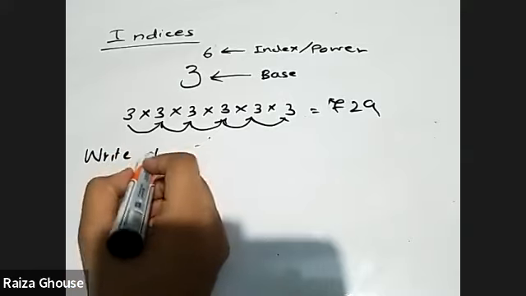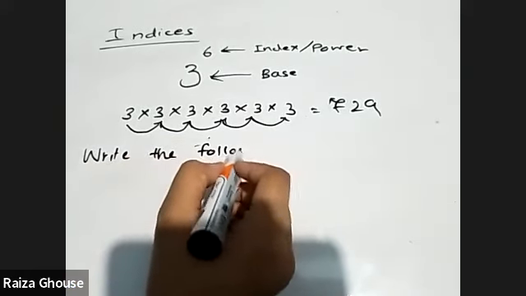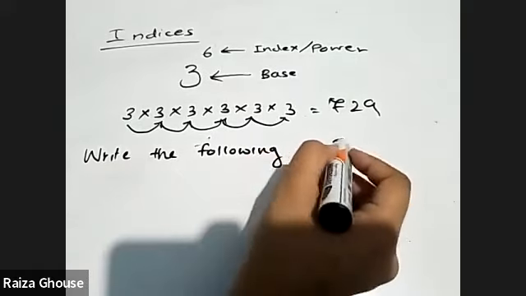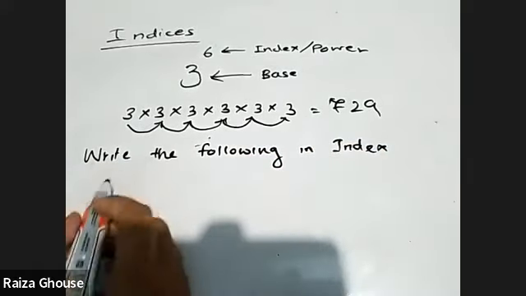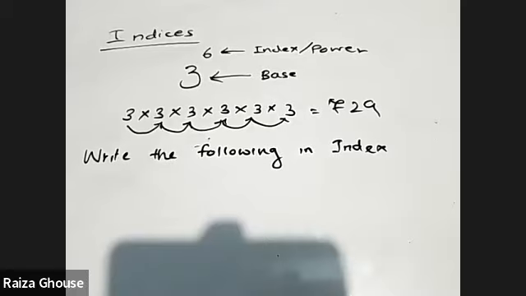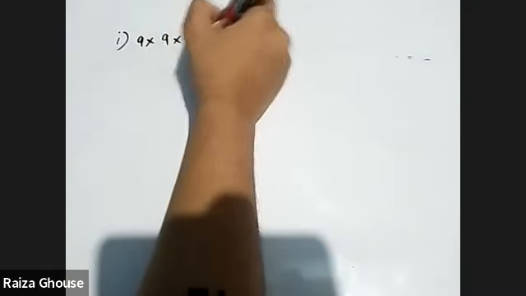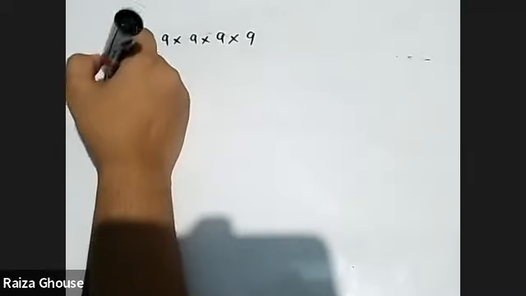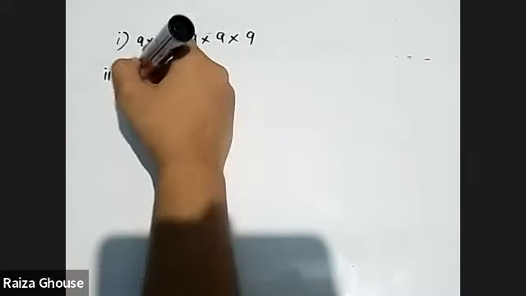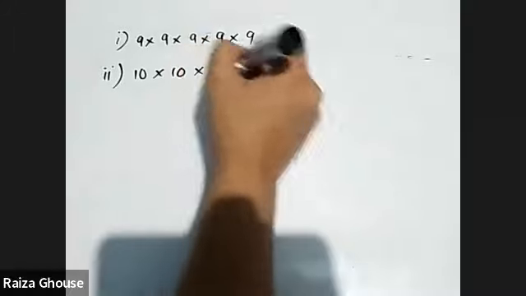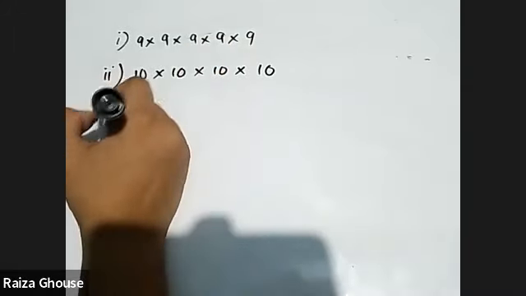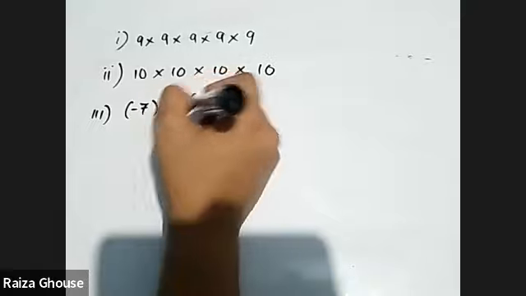Right, now copy, now write down this one. Write the following in index form. I'll give you a few questions. You have to write them in index form. Copy down them one by one. Roman number 1. You have to do this correctly.